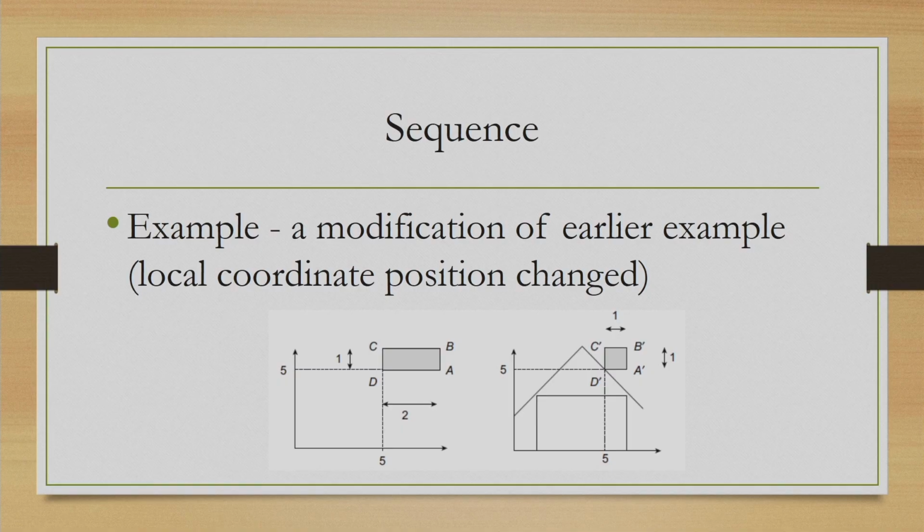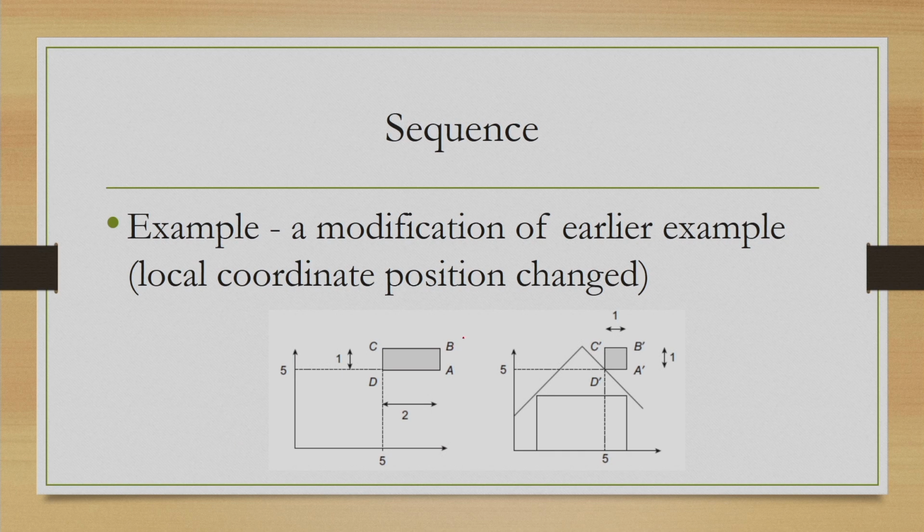And in the same way, we can actually perform other basic transformations with respect to any fixed point other than origin. This is one example which shows the procedure that we just mentioned.